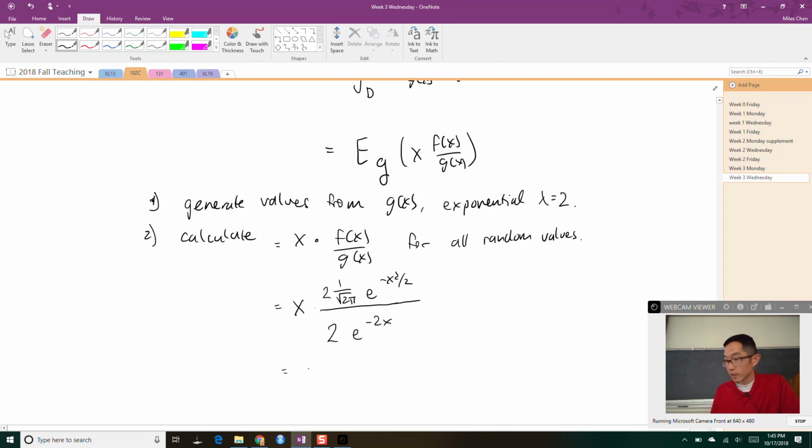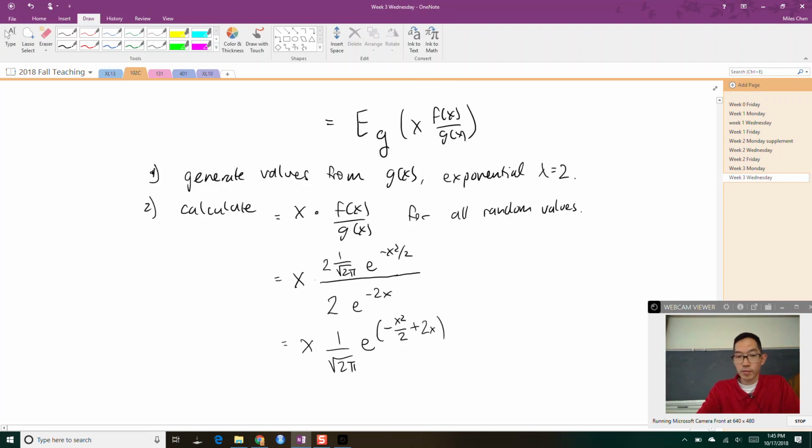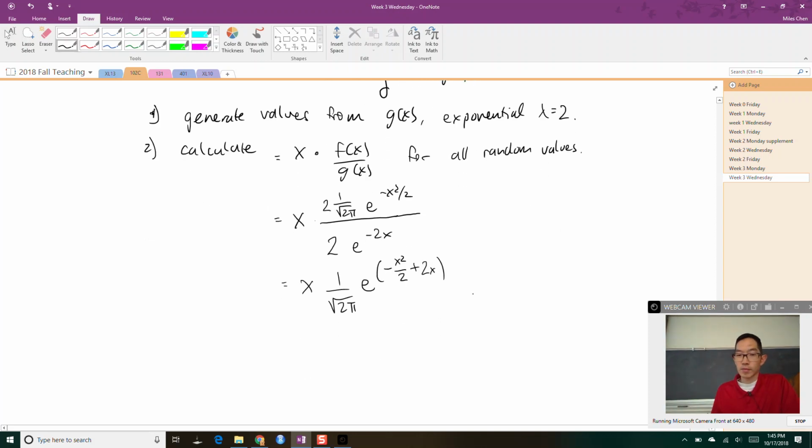So here I get x times 1 over root 2 pi, and then combining these, I get e to the negative x squared over 2 plus 2x, where x comes from the exponential with lambda equal to 2.